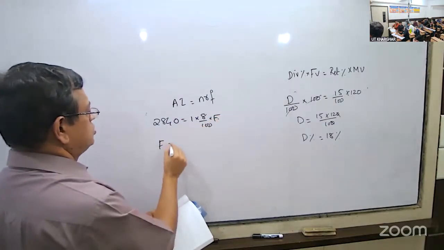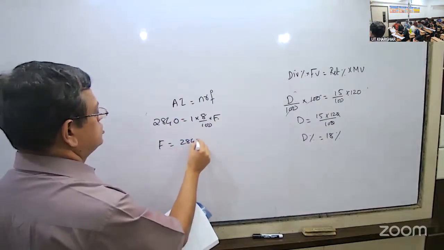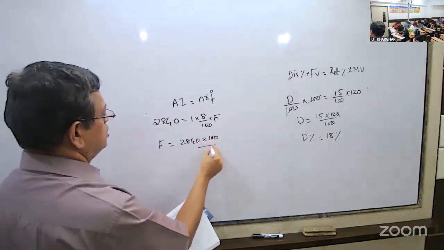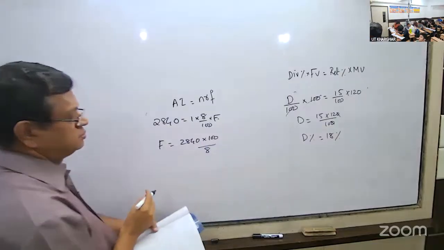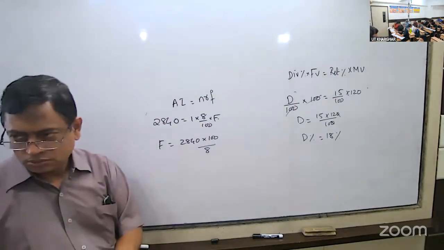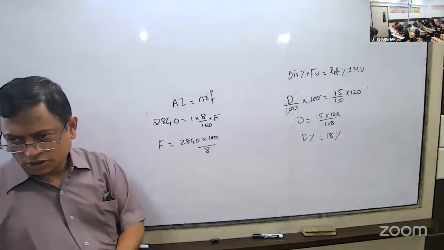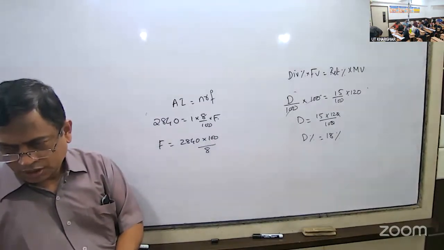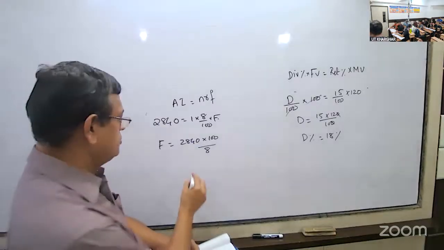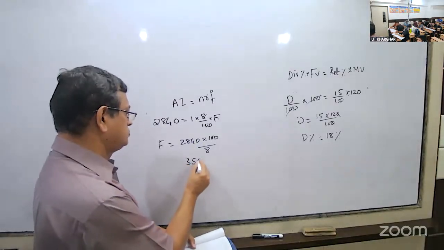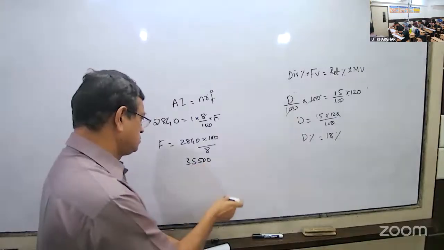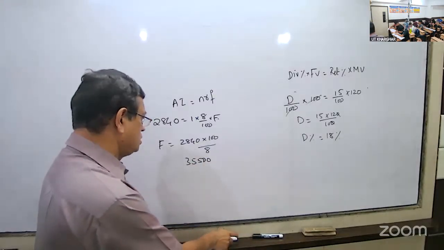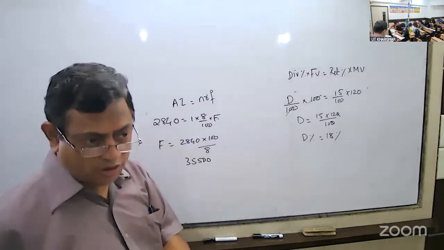So F is equal to 2840 into 100 divided by 8. So answer is how much? 33? 35,500. 35,500. All of you got the same answer?